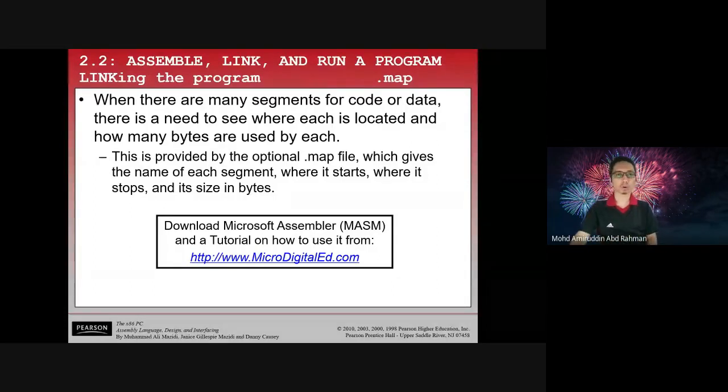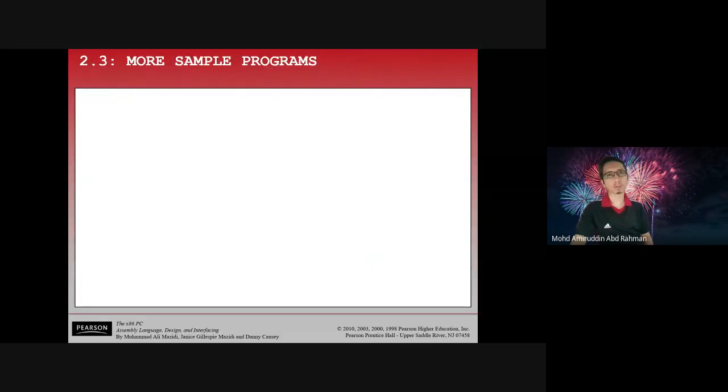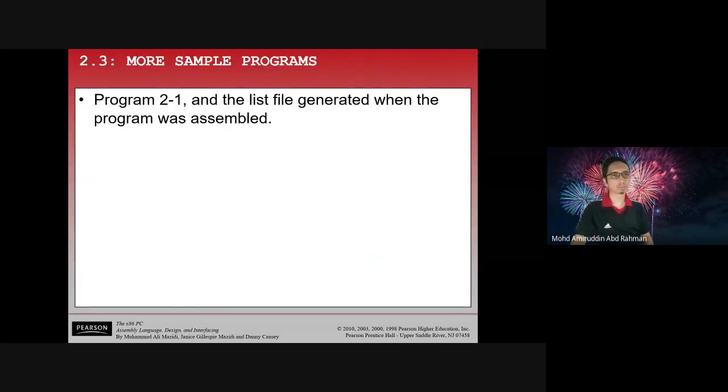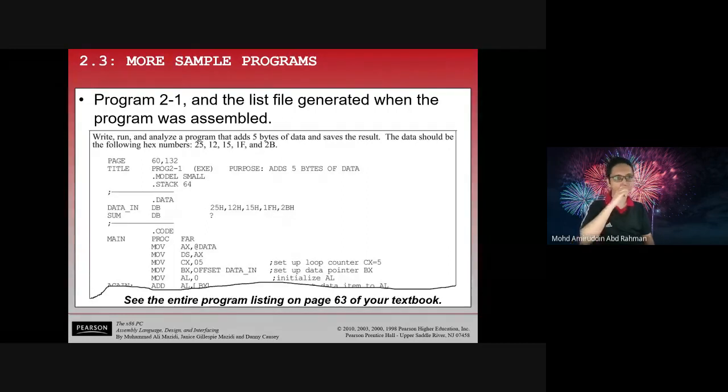So we want to look at a more sample program. For example, we want to run and analyze the program that adds 5 bytes of data and then saves the result.